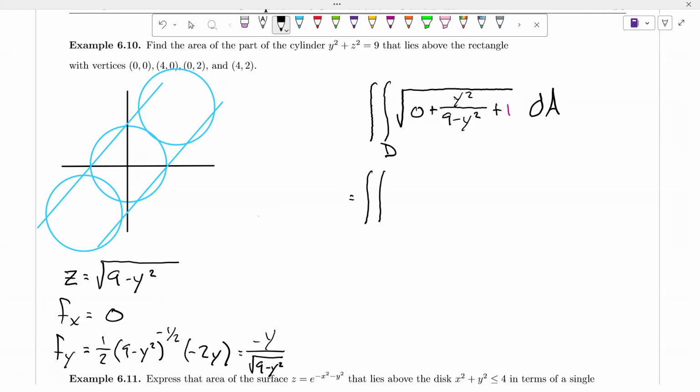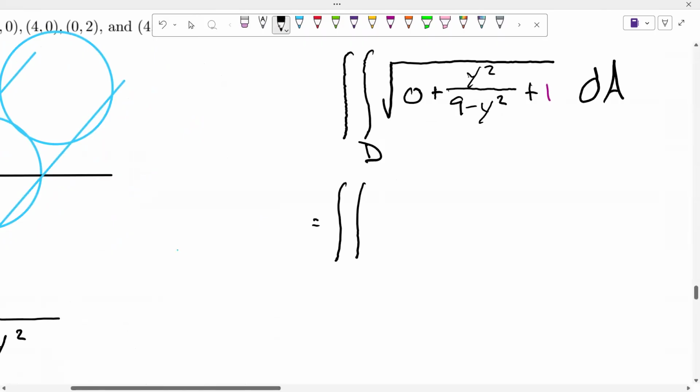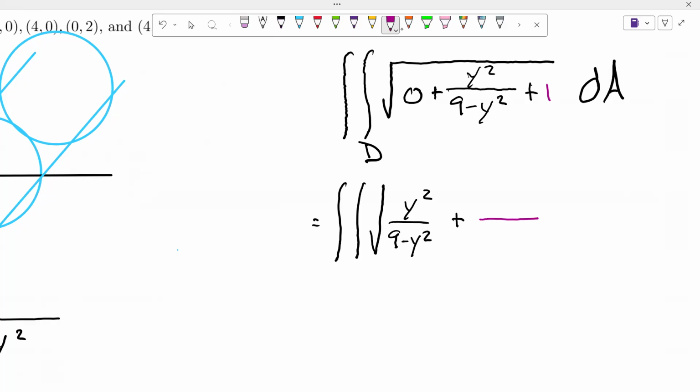I am after the double integral of this inside mess, which I'm going to try to simplify. Put the top in my square root later. I've got y squared over 9 minus y squared plus, if I look at that 1, change it to a fraction so that it adds up with the other piece.